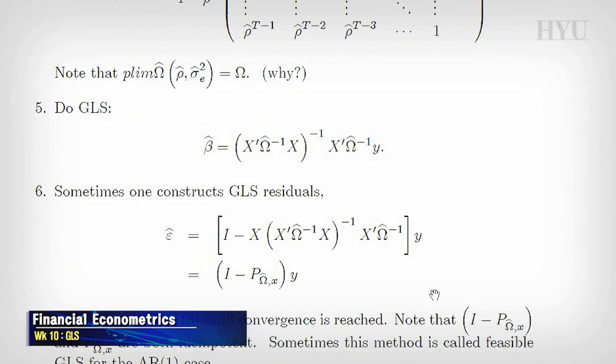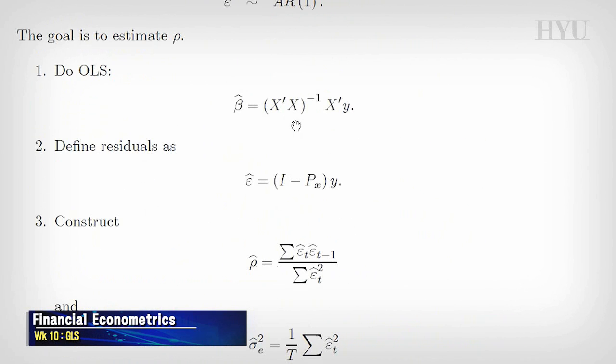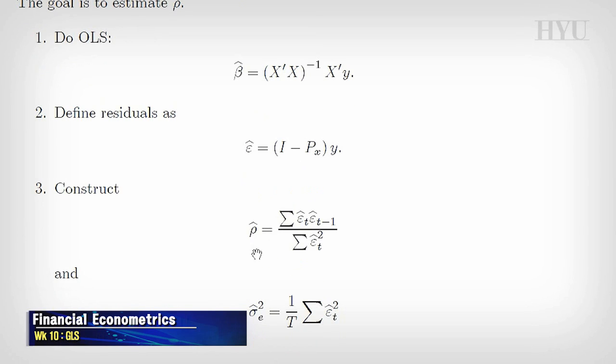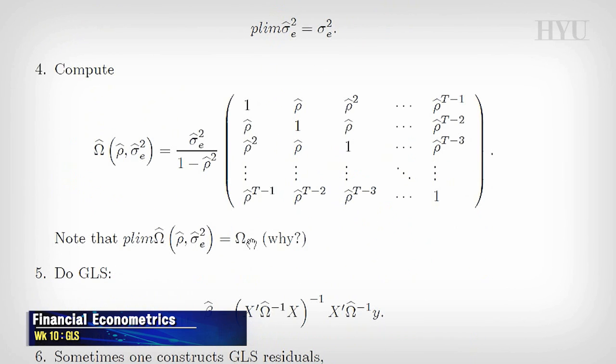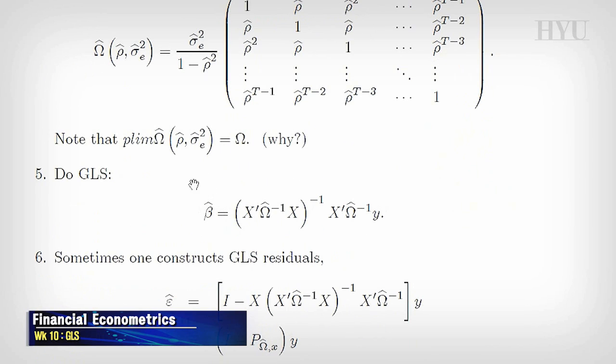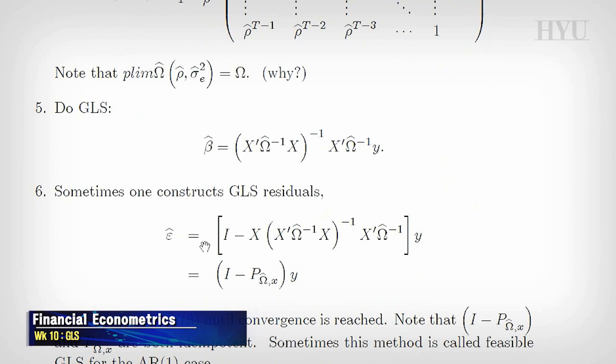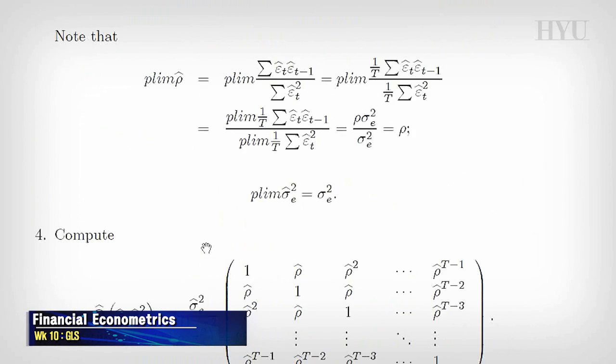Anyway, you could do GLS, so you should try to understand this. Basically, some people do just one regression. In this case, we do the OLS, and from OLS we collect errors, and from the errors we calculate this and this, and we can compute this one. But some people go one step further. We know the GLS estimator, this one. From this GLS estimator, we can collect the error term again.